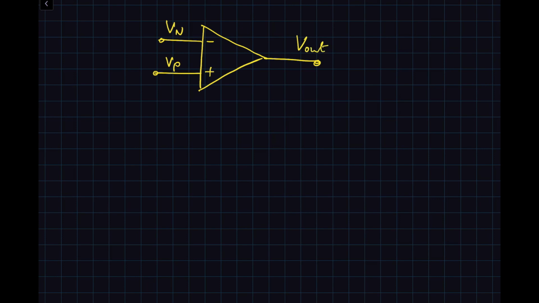So I'm applying some common mode signal and some differential signal. How would we describe that when it comes to using actual voltage sources?